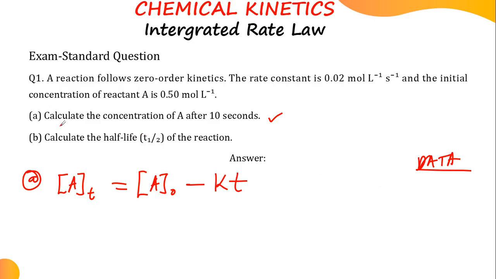Okay, before that, calculate the concentration of A after 10 seconds. Have you seen that the concentration they want is the concentration at T? They have specified 10 seconds. So that's T. You can even replace it with 10 if you want.